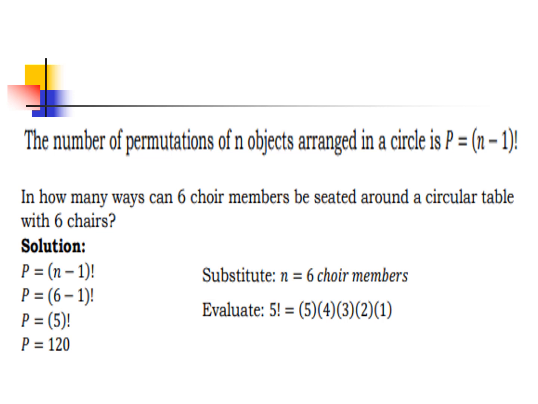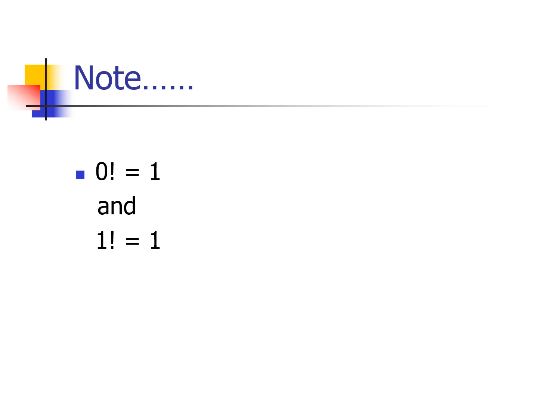How did we get 120? 5 factorial is equal to 5 times 4 times 3 times 2 times 1. Now class, two things that you have to remember is that the 0 factorial is equal to 1. And the value of 1 factorial is equal to 1.